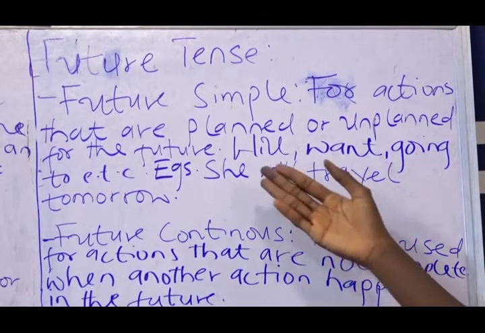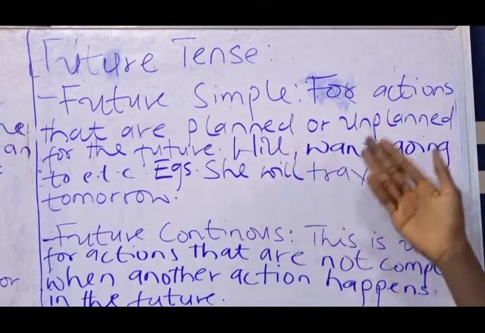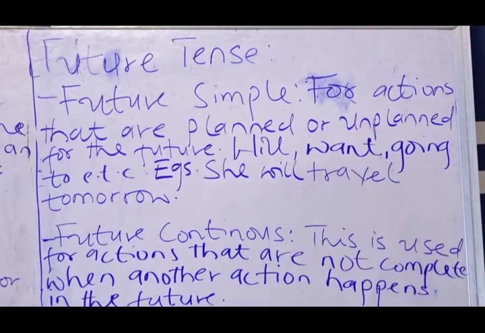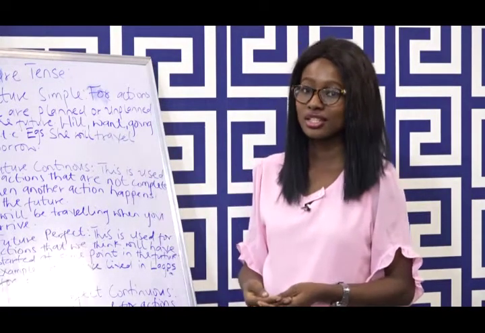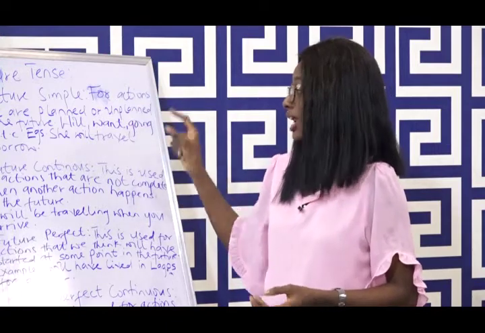So something like, she will travel tomorrow, or I will travel tomorrow. Or you say, I want to buy a car, or I am going to buy a dress. So you use this for actions that are planned or unplanned.